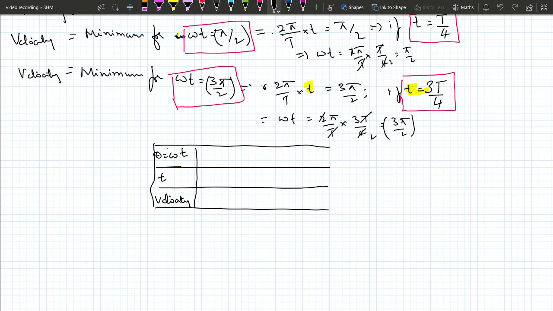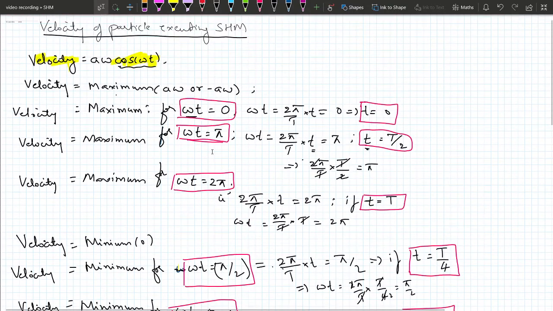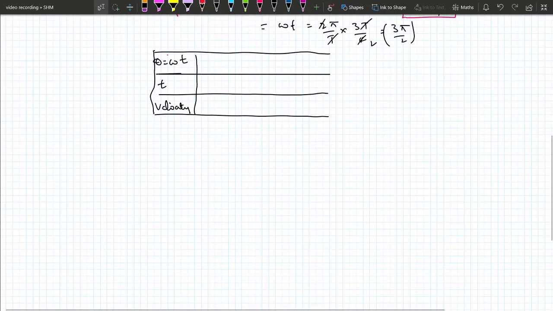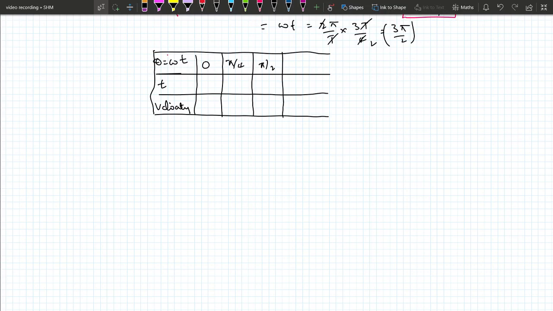So first one is theta, t, velocity. First, let us go for theta: 0, then pi by 4, then pi by 2.